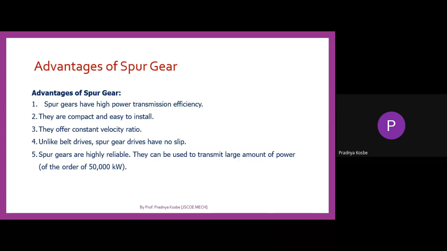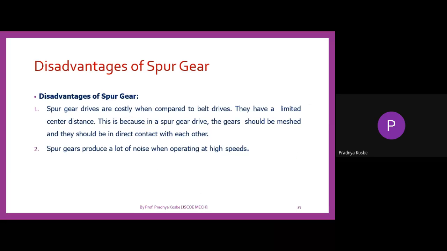Then disadvantages: they are costly as compared to belt drive, they have a limited center distance, and spur gears produce a lot of noise when operating at high speeds.